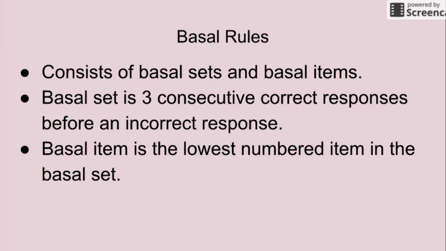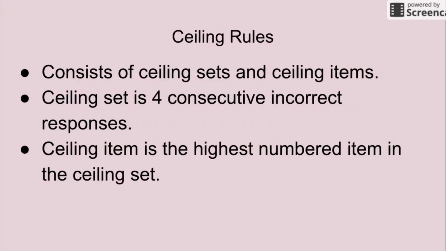So it consists of basal sets and basal items. The ceiling rules are 4 consecutive incorrect responses, and the highest numbered item in the ceiling set is the ceiling item. So you've got ceiling sets and ceiling items. Those are the rules for the ceilings.